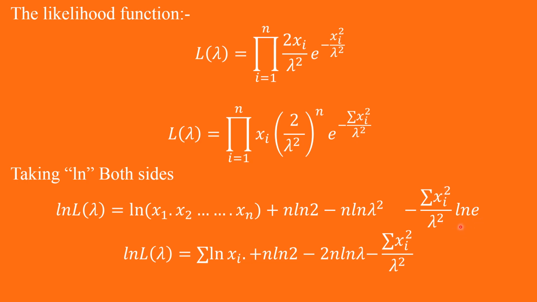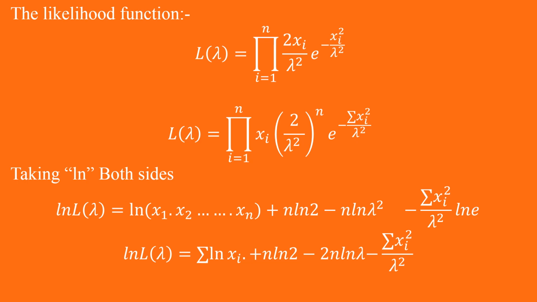Here ln e is 1. We have minus summation xi square over lambda square. This ln of x1 multiplied by x2 up to xn will be converted into a summation. We can write it as summation ln xi plus n ln 2 minus 2n ln lambda minus summation xi square over lambda square.